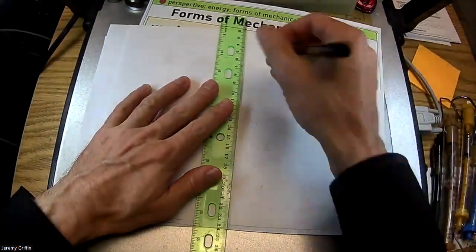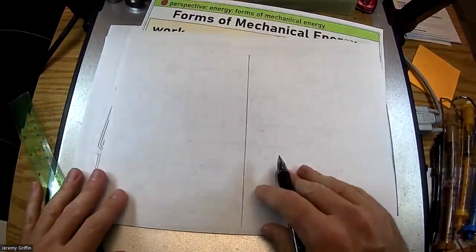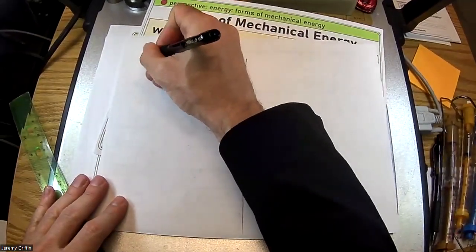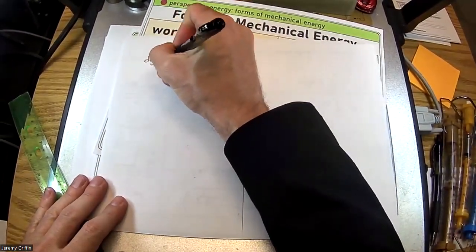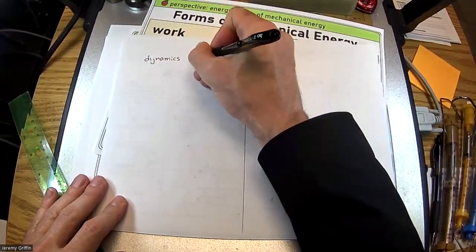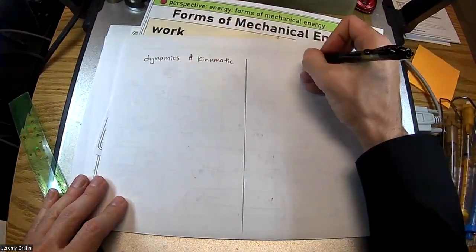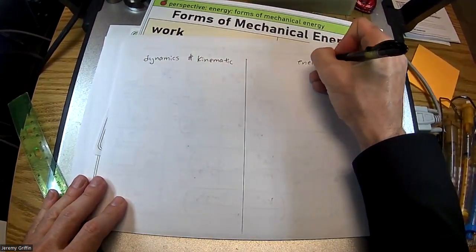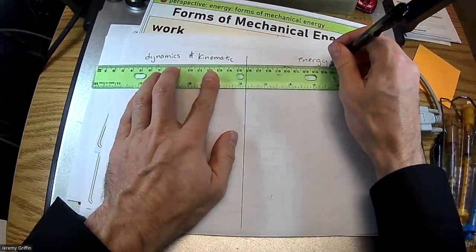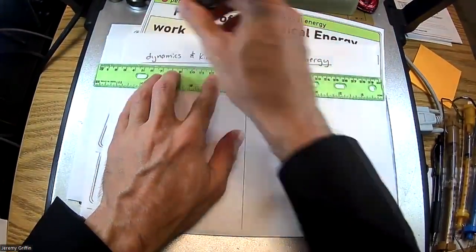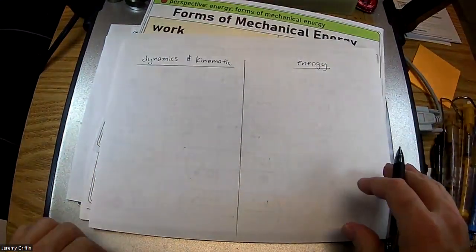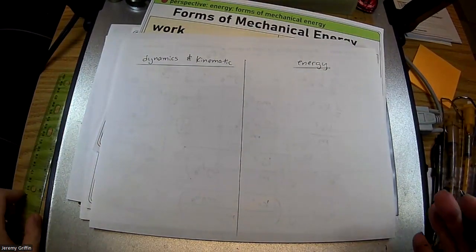We're going to do 2 different solutions side by side: through dynamics and kinematic motion, and then the new way through energy. To solve for the speed at point B, we should get the same answer either way.